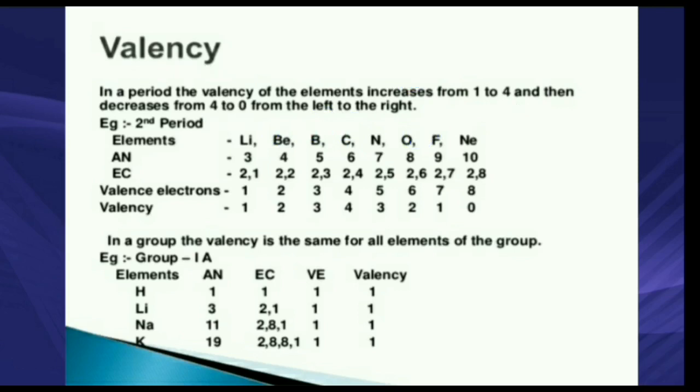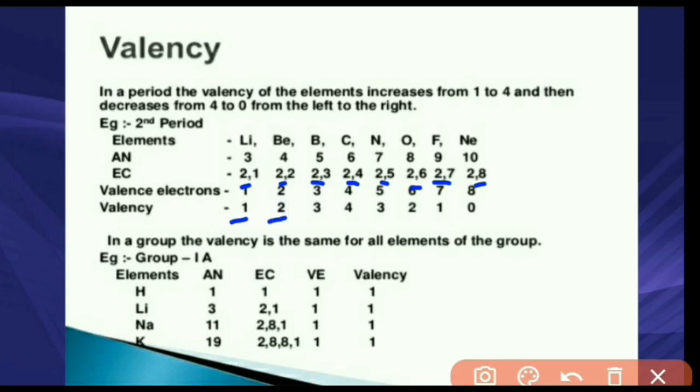with atomic numbers 3 to 10, and valence shell electronic configurations 2s1, 2s2, 2s2 2p1, 2s2 2p2, 2s2 2p3, 2s2 2p4, 2s2 2p5 and 2s2 2p6. The valency of lithium is 1 because it loses 1 electron and gains the stable configuration of a noble gas. Beryllium also loses 2 electrons from the valence shell to gain a stable configuration.